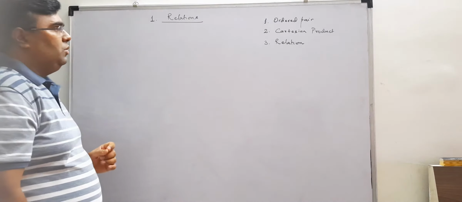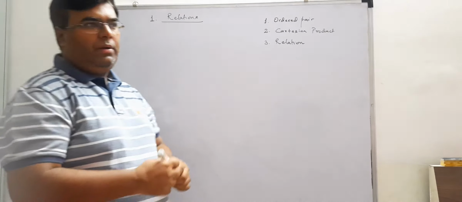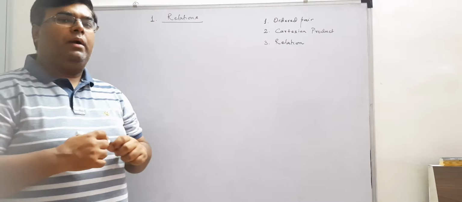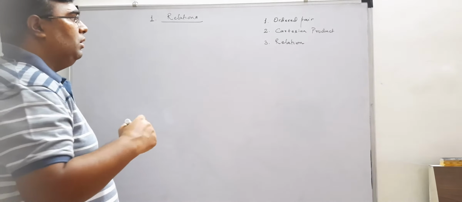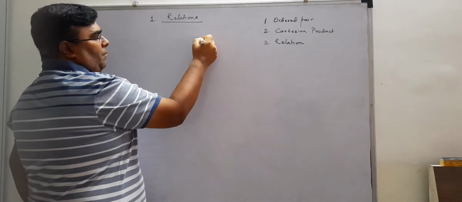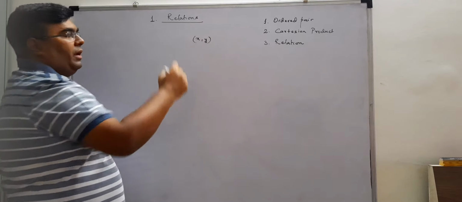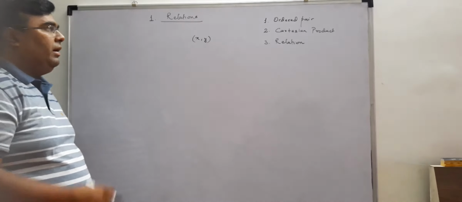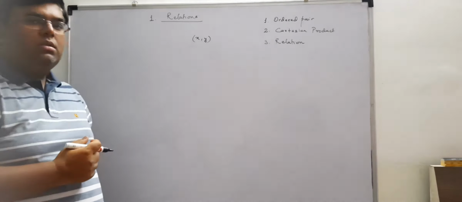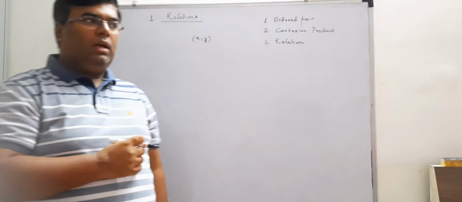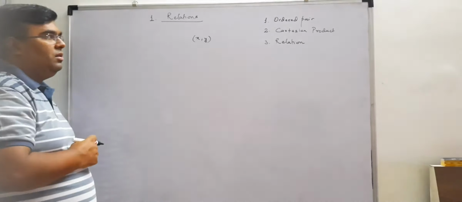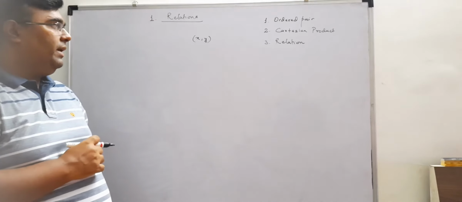So what is an ordered pair? In coordinate geometry you must have learnt about the pair (x, y), where x represents the point on the x-axis and y represents the point on the y-axis.